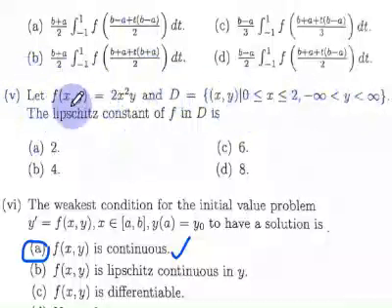When you find the partial derivative of f with respect to y, you get 2xy. We know that x is bounded by 2 and 0, so the partial derivative is bounded. Therefore, this function is Lipschitz.